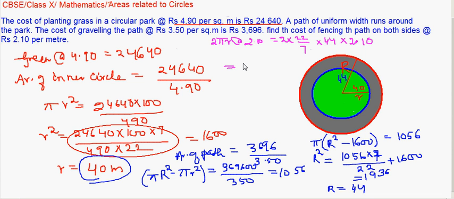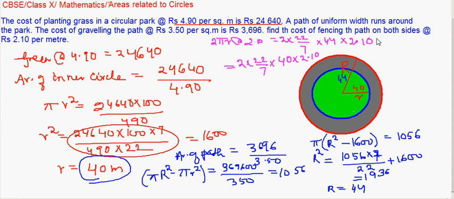It says cost of fencing on both sides. This is for the outer side, and for the inner also the same cost. So it is 22 by 7 into the inner one, which will be 40, again 2.10.